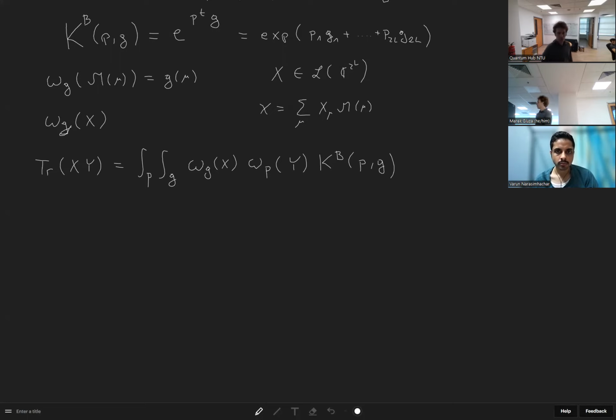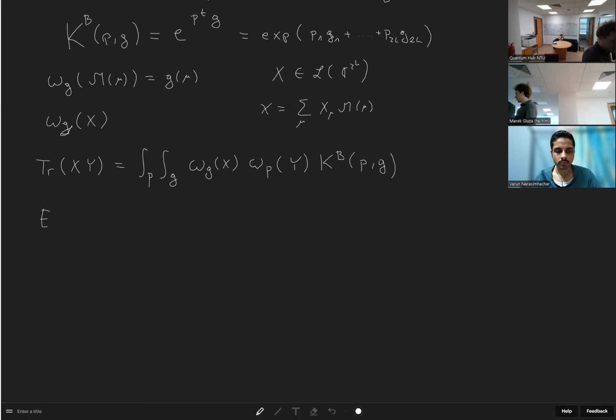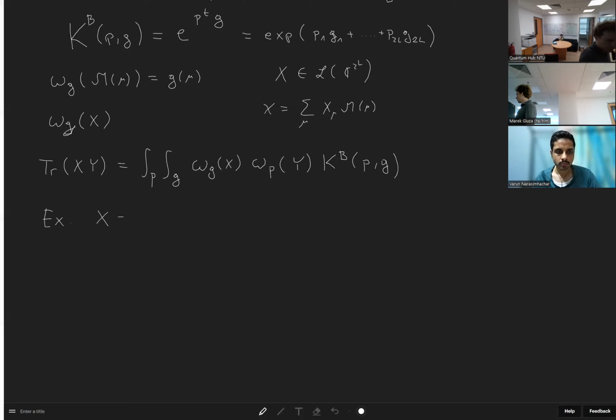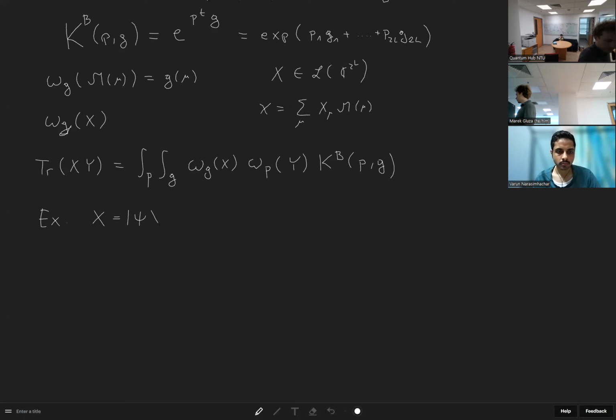So for example, we were discussing this in the session afterwards, I think, not in the recorded part. But for example, X could be just some state psi.